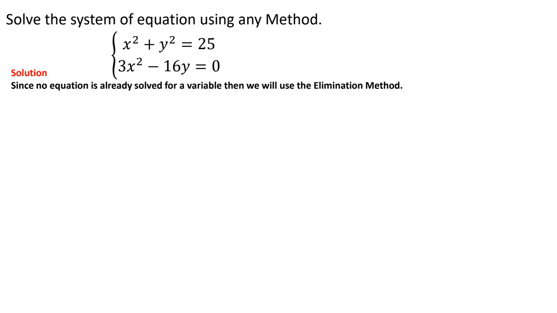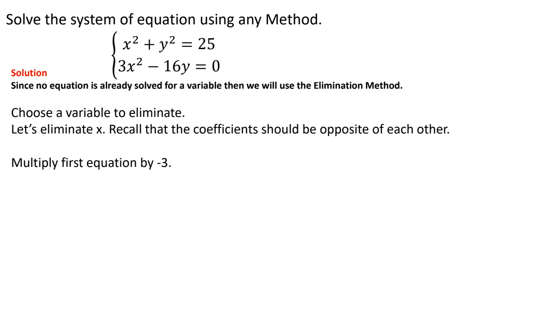So let's go ahead and eliminate the x, yes? In order for me to eliminate the x, I need to have a negative 3 here for this first equation. So I'm going to multiply the first equation by a negative 3. Now, I haven't mentioned this, but please keep in mind, when I'm using the elimination method and I'm multiplying a number in order to eliminate one of the variables, make sure you multiply this number to the whole equation, okay?